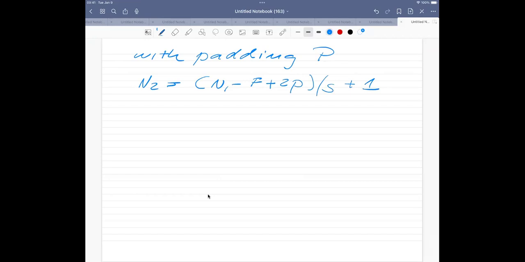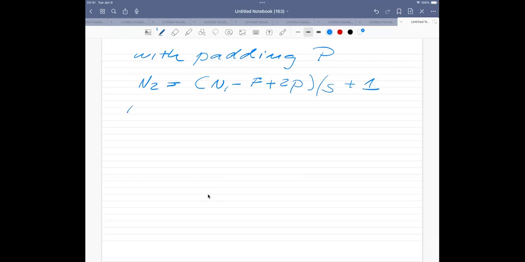So you would typically have 1 at each endpoint here, and that's why you have 2 times P. So in that specific case, we had a padding equal to 0, F equal to 2, N1 equal to 3, and S equal to 1, and we ended up with a 2 by 2 matrix.